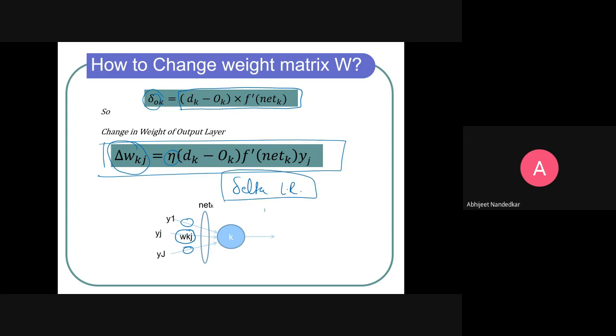So the last layer is trained still by using the delta learning rule. There is no change. Since I know the desired response for the last layer, I know the output of the last layer, I can calculate f dash, I can solve everything for the last layer.